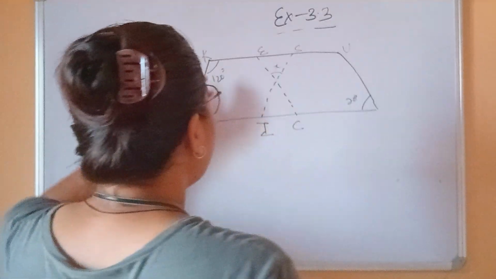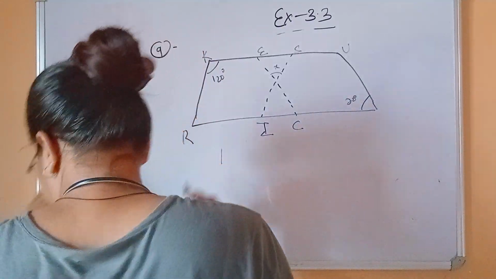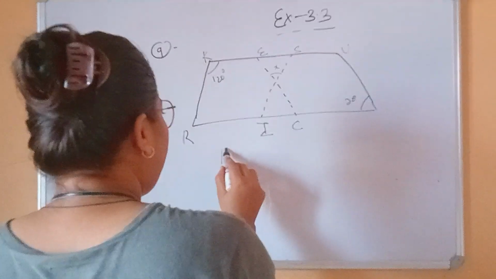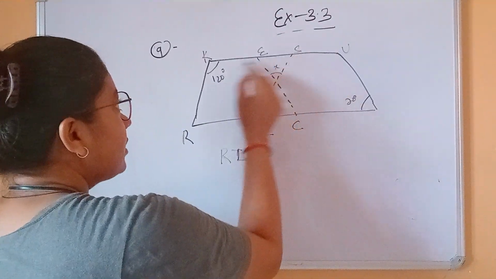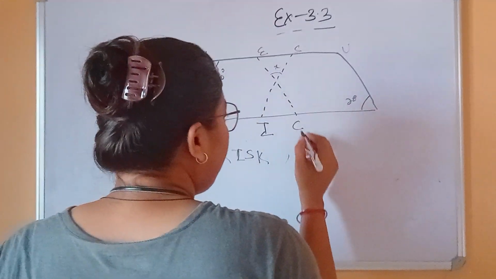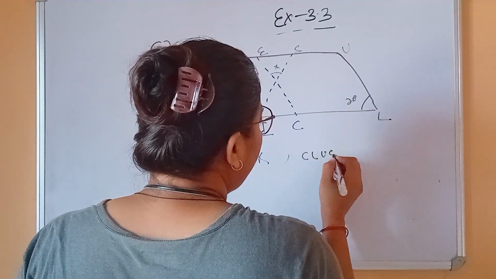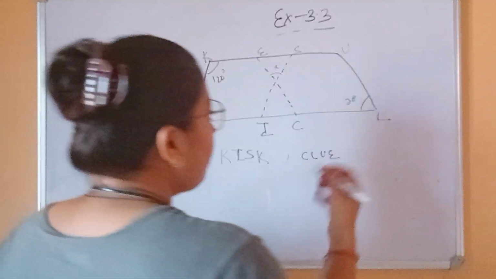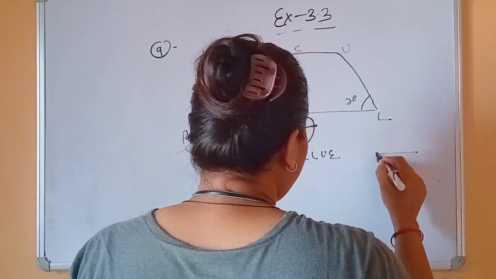So here we start to have parallelogram. Whose parallelogram? First say RISK. That means RISK. And second parallelogram is CLUE.